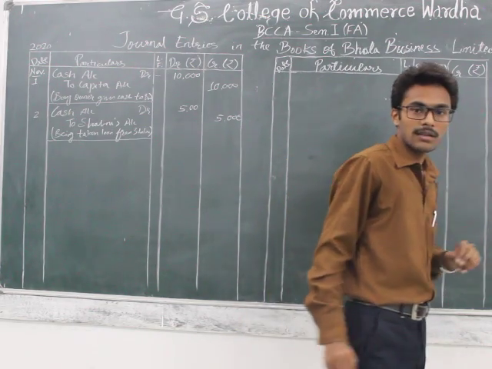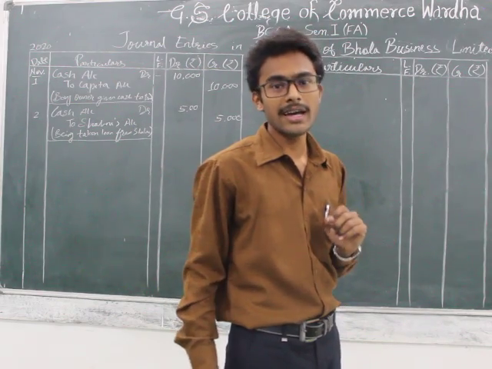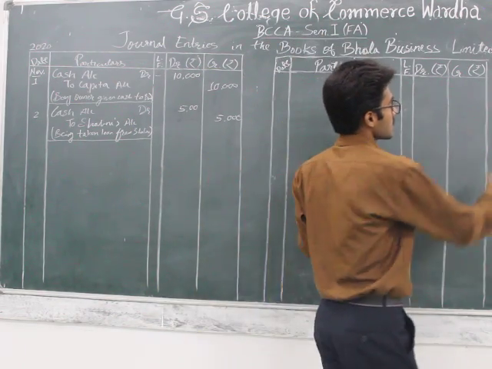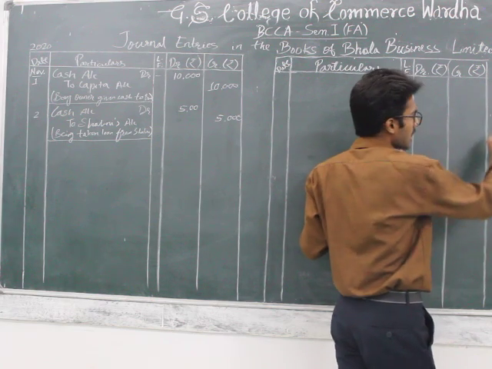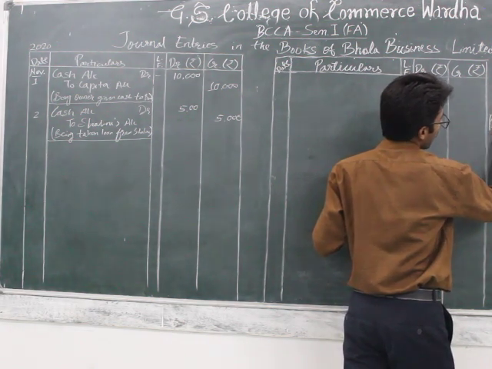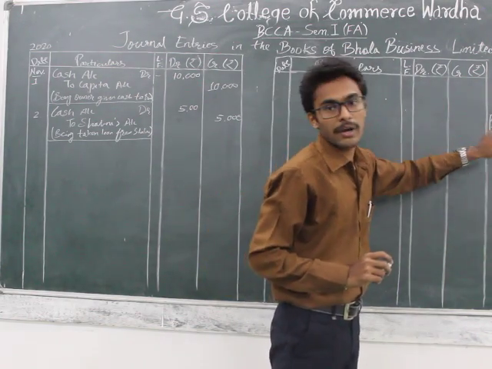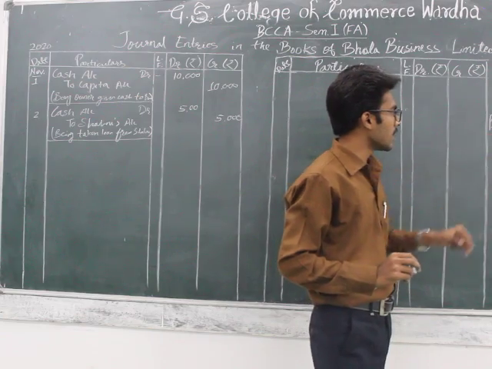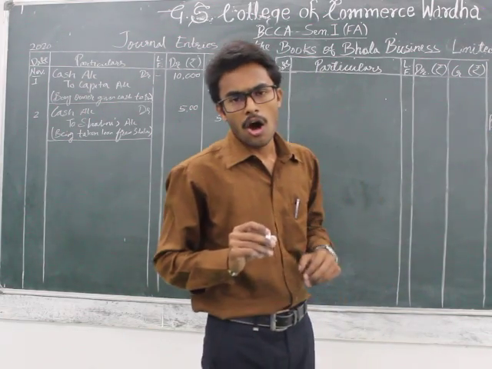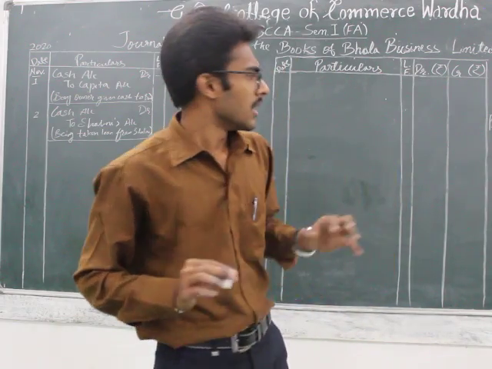And what about rent then? Rent is expense for us, but we have paid rent here in advance. So in advance, we will write here prepaid rent, not rent only. Prepaid rent is a representation of a particular person.